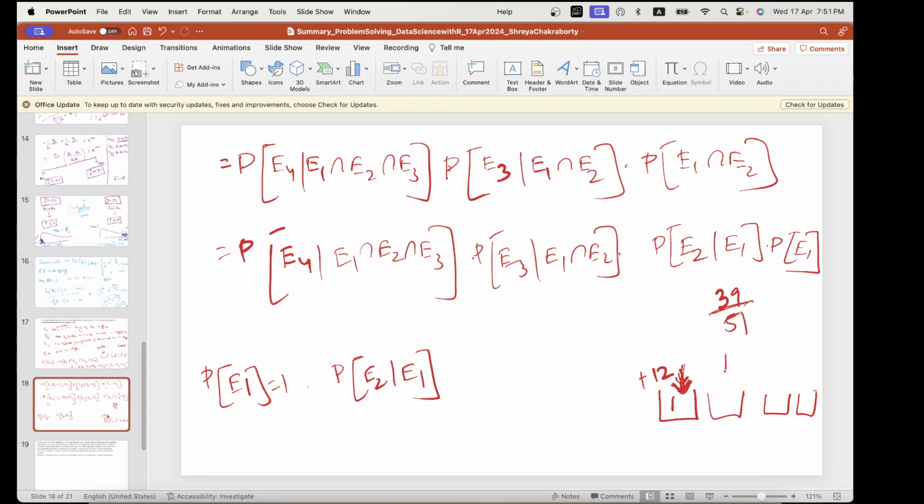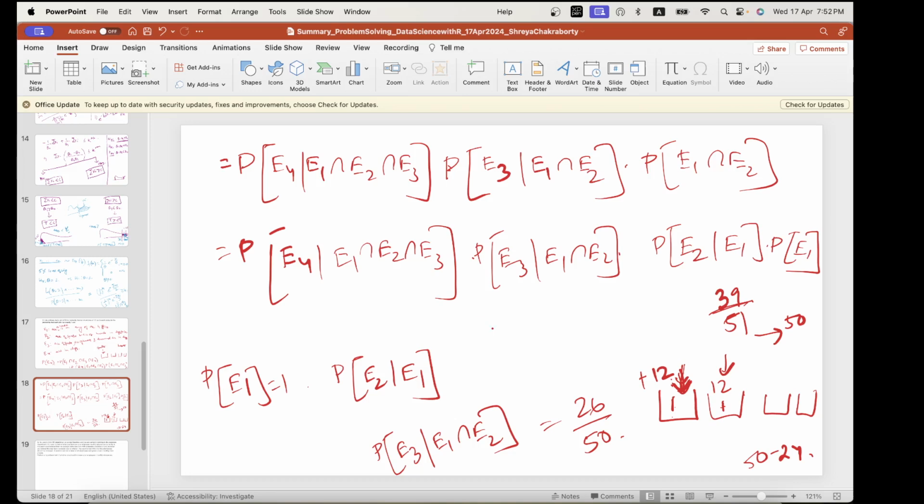Then the next one, E3 given E1 intersection E2. From this 50, one is also again gone. From here we have 50. This will have 12 and 12 cards. So what is actually left? That is 50 minus 24, that is 26 by 50.